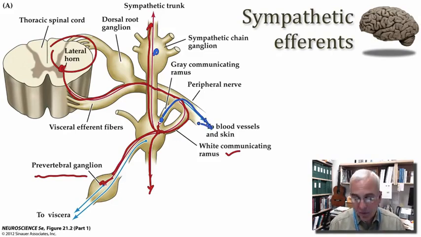Now, we call this little branch that reconnects the ganglion to the spinal nerve a gray communicating ramus, because these axons, for the most part, are unmyelinated or only very poorly myelinated. So they don't have quite the same glistening appearance as does the white communicating ramus.